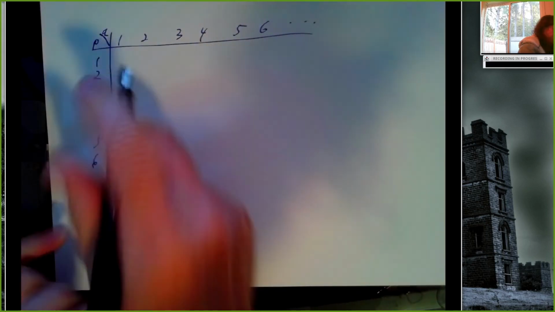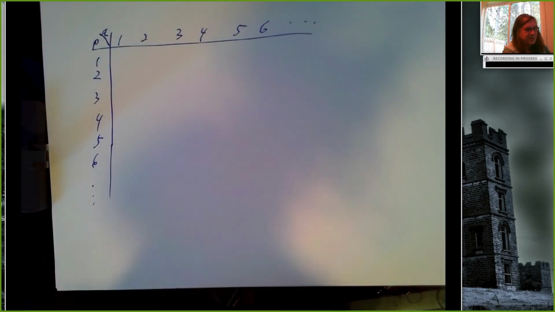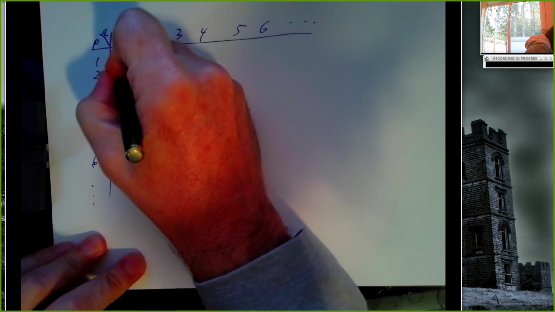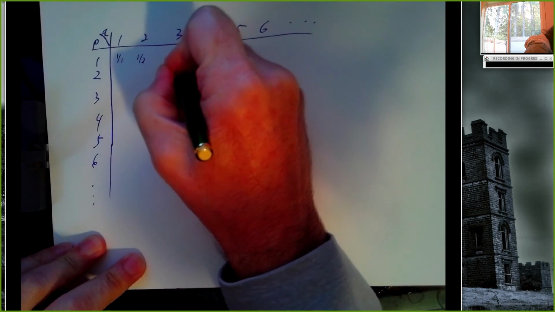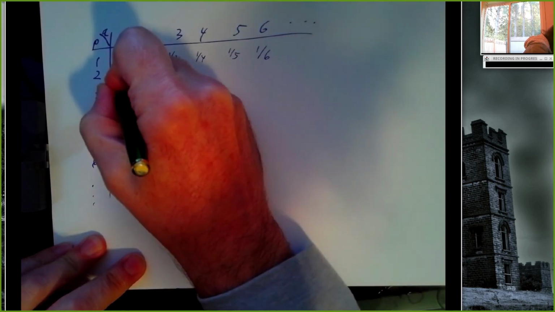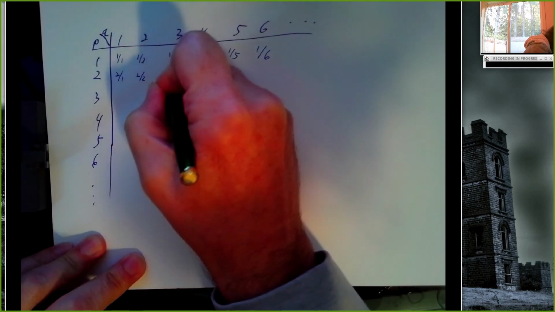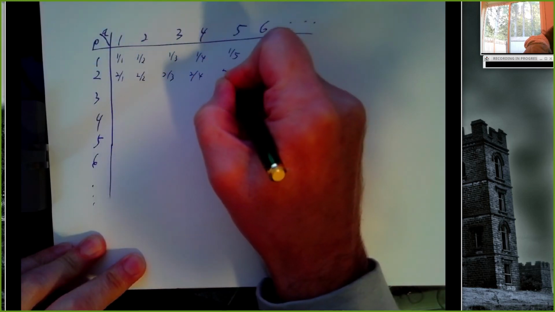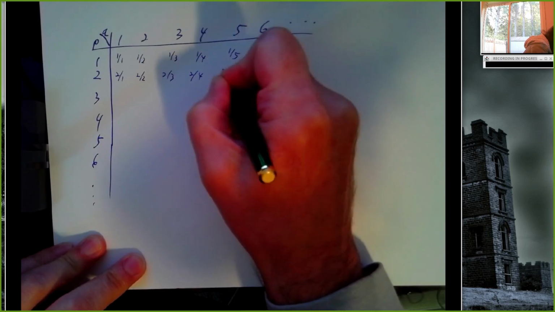And let's write down at each of these spots the fraction P over Q. So this will be 1 over 1, 1 half, 1 third, 1 fourth, 1 sixth, and you get the idea.